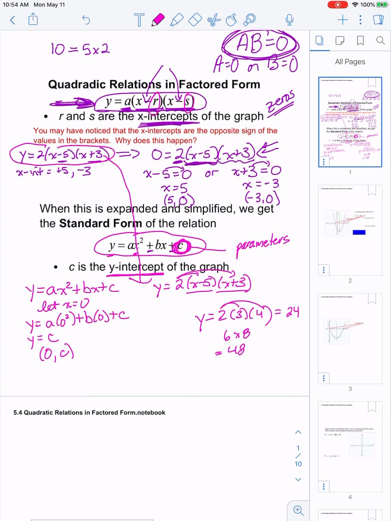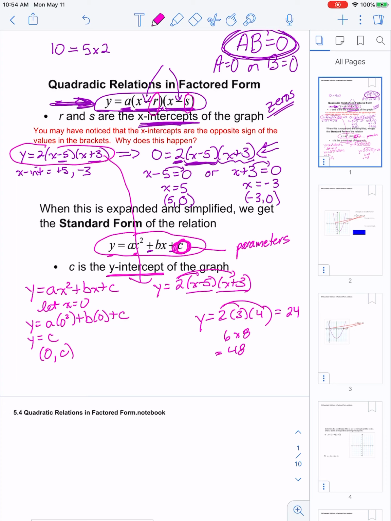I don't multiply the 2 through until the end. Let me just erase that. Everything keeps disappearing on me. Okay, what I do is I expand this part here. So I've got the 2 out in front and a bracket. x times x is x squared. x times 3 is 3x.